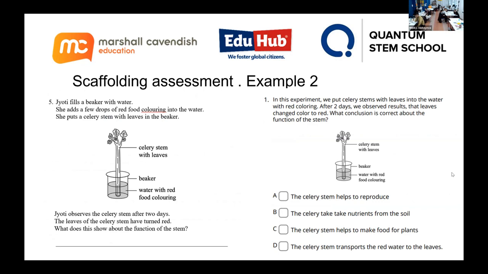Here, the students have to answer what is the function of the stem. However, I changed it a little bit and gave them the options A, B, C. The celery stem helps to reproduce, take nutrients from the soil, helps to make food for plants. So they can find out from these options already.